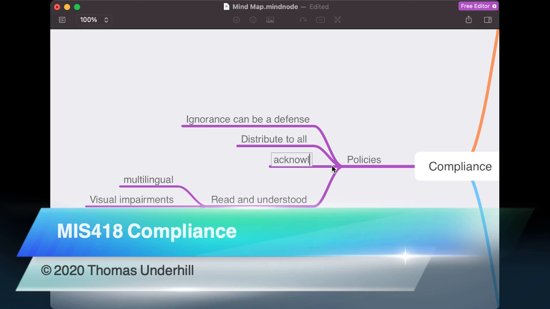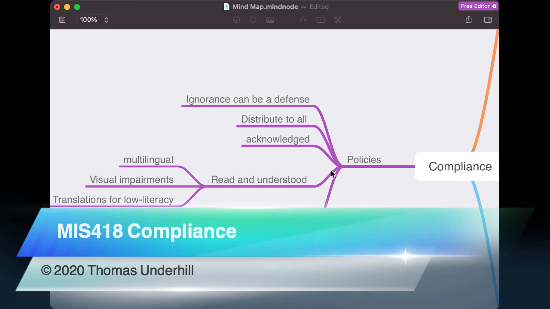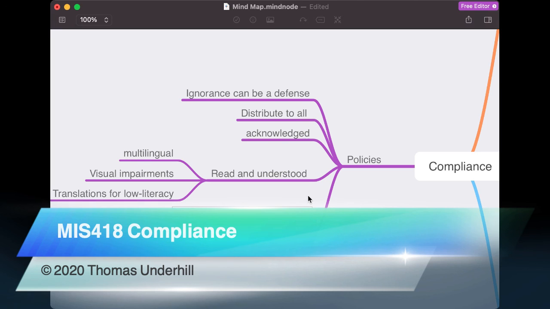And this is a big one, very important: they have to be uniformly enforced. No special treatment. Doesn't matter if you're Jeff Bezos and the CEO of Amazon, or you're the janitor cleaning his executive bathroom. The policy is the same across the board. You have to enforce it the same way.